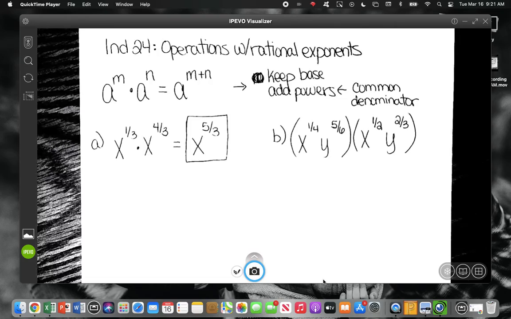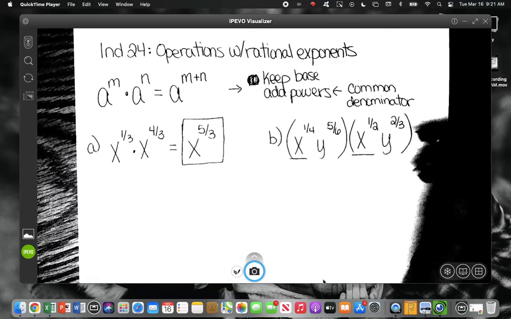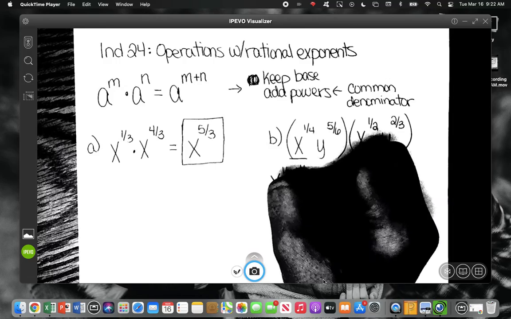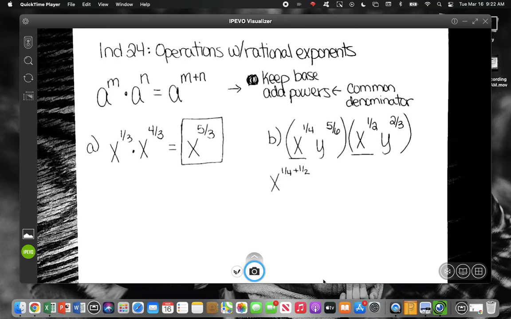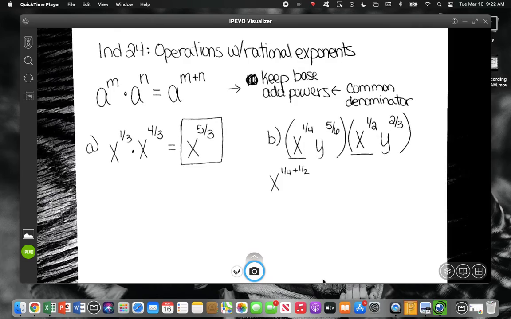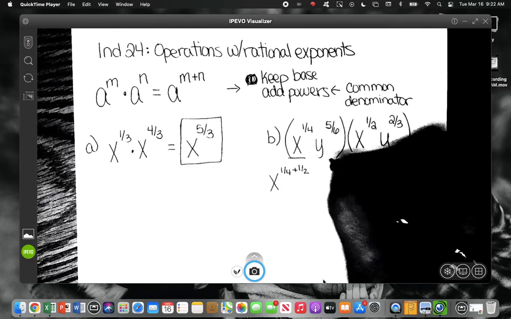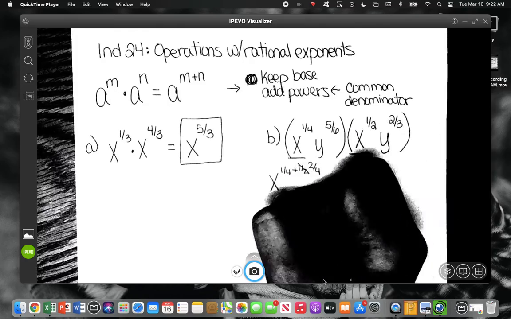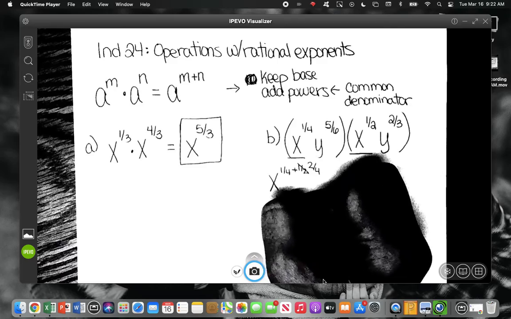Absolutely. So for our two x's, we take 1/4 plus 1/2, which maybe you can add without getting common denominators. What is 1/4 plus 1/2? 3/4. But if you need to, change 1/2 to 2/4 and then add it, and we get x to the 3/4 power.